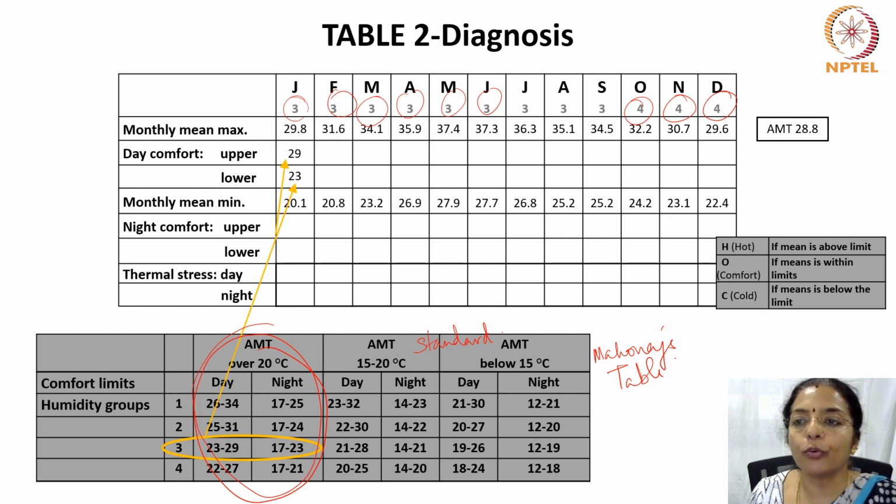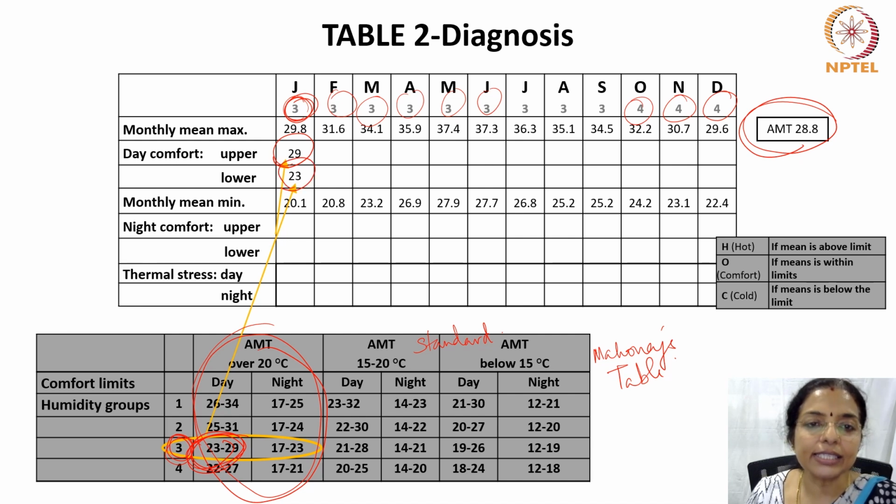So for an AMT of 28.8, which falls between 23 and 29, and the humidity group of 3, for this combination, what is the upper day comfort limit and what is the lower comfort limit?